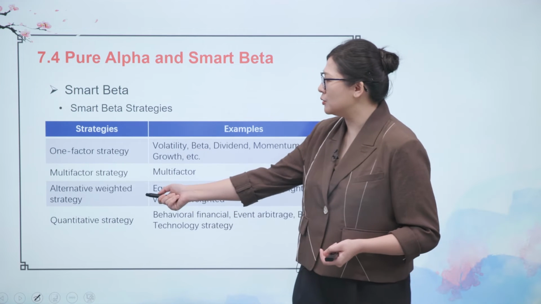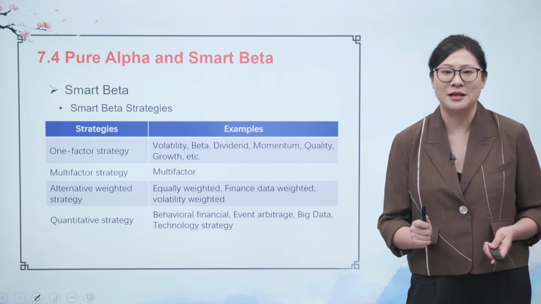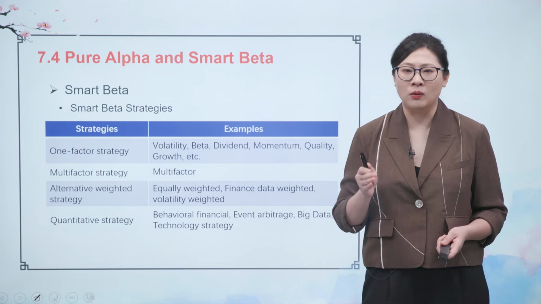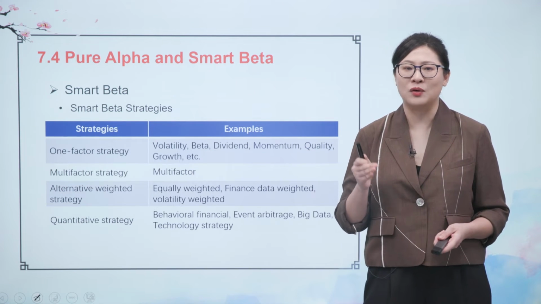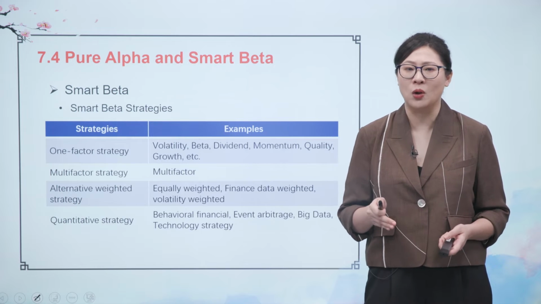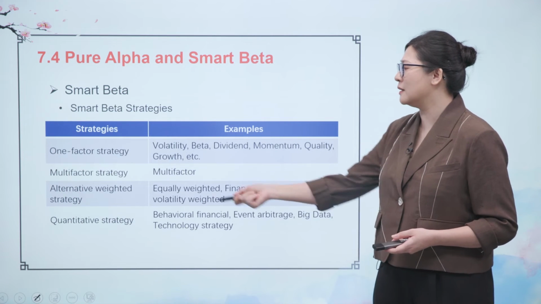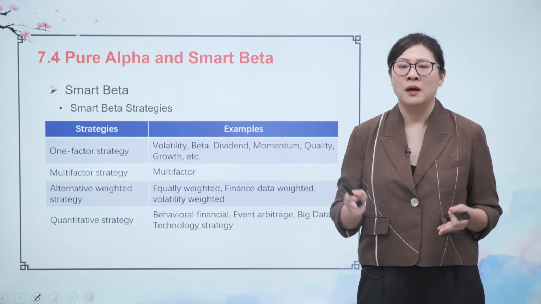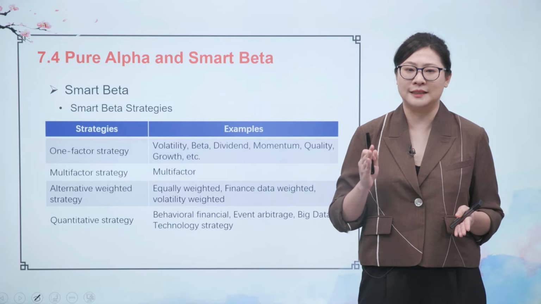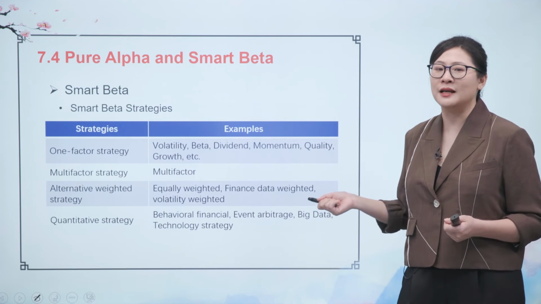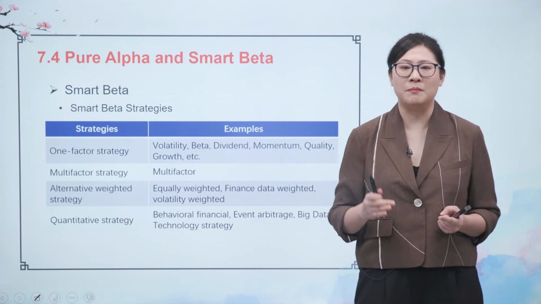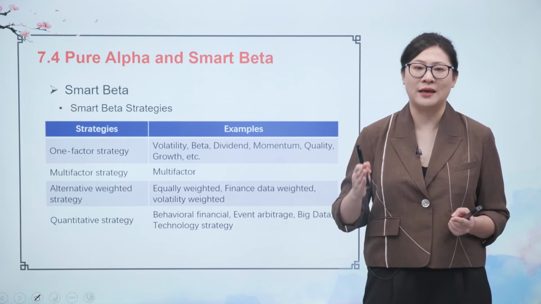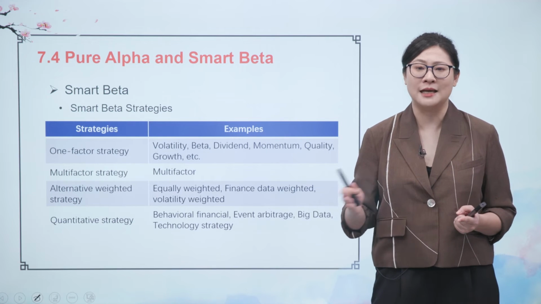The third group is the alternative weight strategy. Based on this, we only change the weight for our smart beta portfolio. We can use the equally weighted strategy, taking all the stocks in our portfolio and giving them the same weight, or finance data weighted, based on financial data for each individual company.